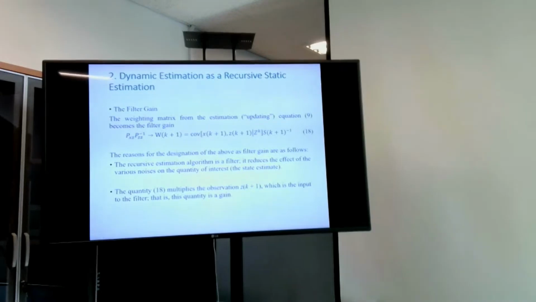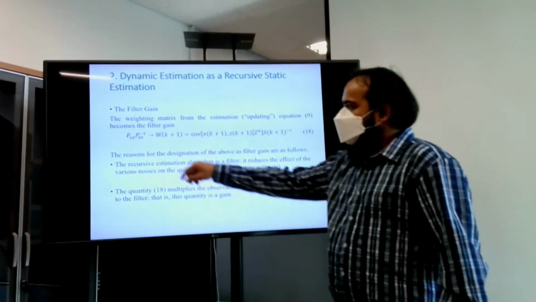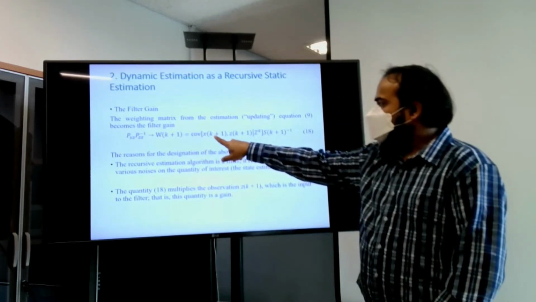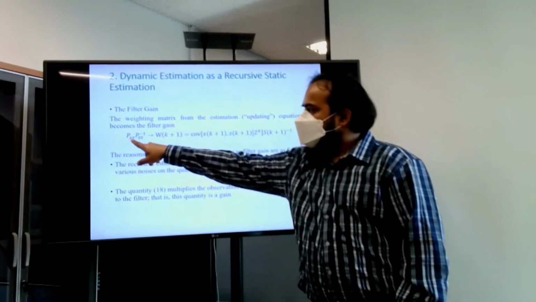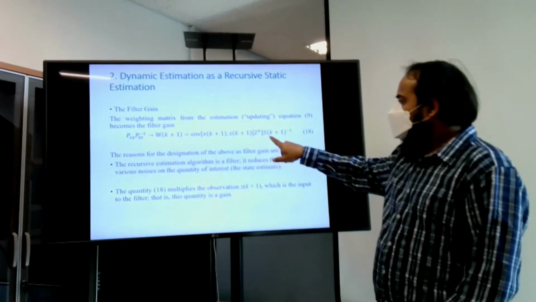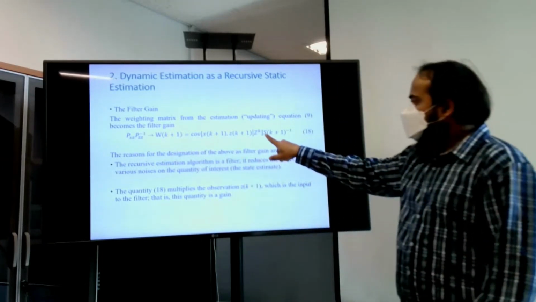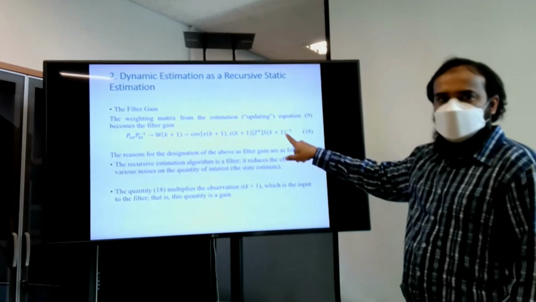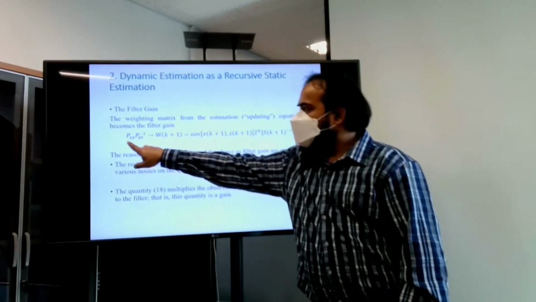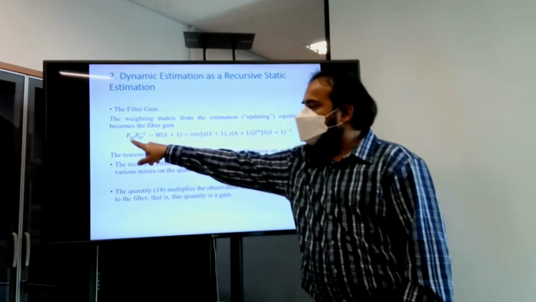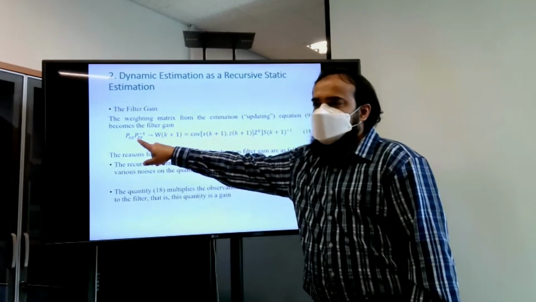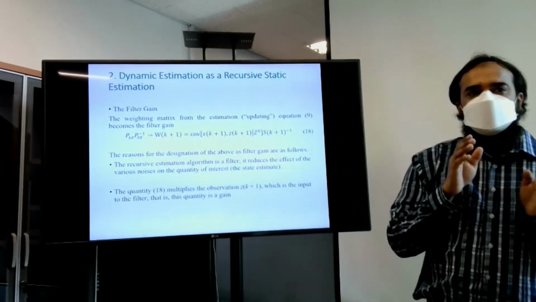We denote it with W of k plus 1, having the cross covariance of x and z given z k, and S of k plus 1 inverse, which we already denoted as S, the covariance of the predicted mean measurement.